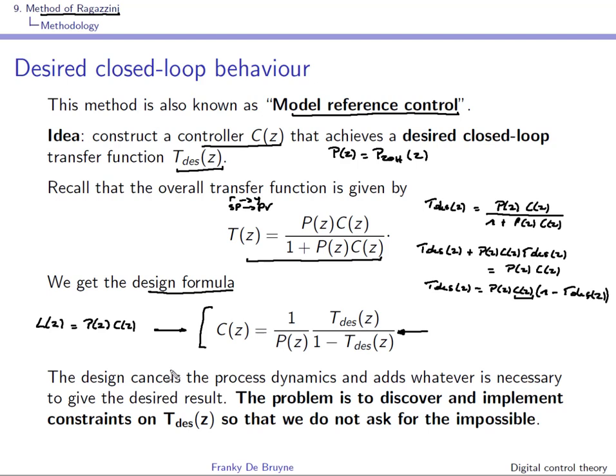So we have to make sure that everything goes right, because what could happen is that we have unstable pole zero cancellations, and this would go against internal stability. So the idea now is to discover and implement constraints on this desired transfer function so that we do not ask for the impossible.